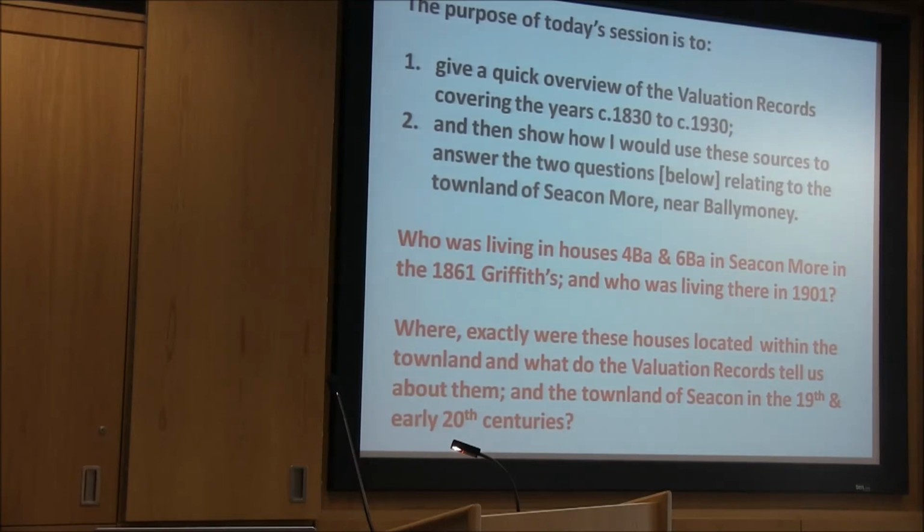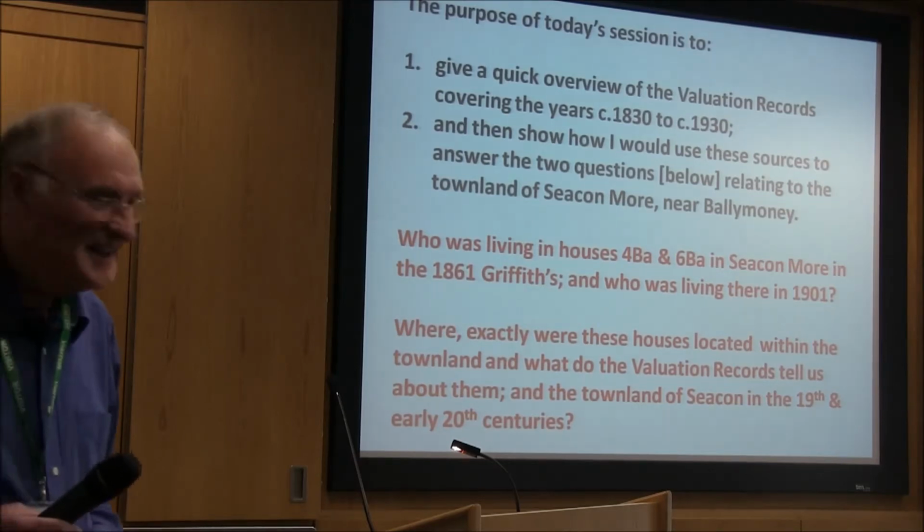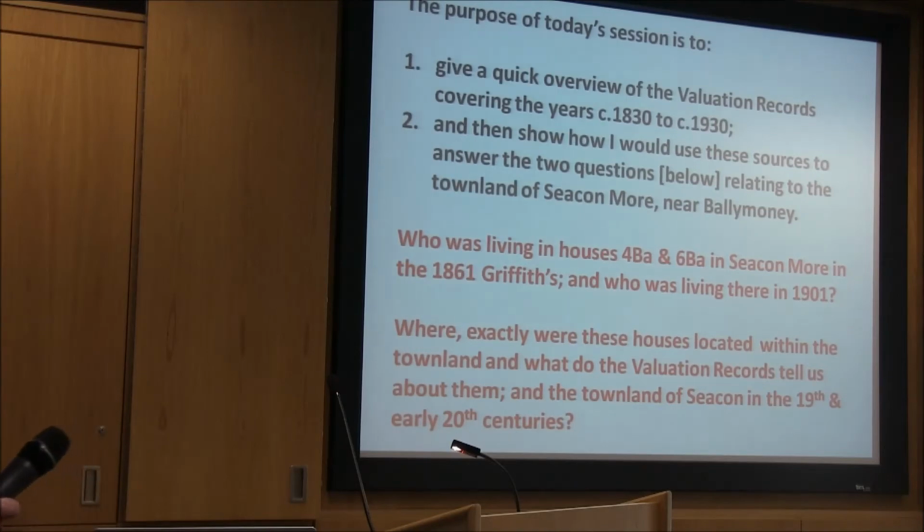Who was living in houses 4BA and 6BA in Seacon More in the 1861 Griffiths, and who was living there in 1901? You could see who was actually listed against 4BA and 6BA in 1861, but you won't know who was there in 1901. And also, where exactly were the houses located?